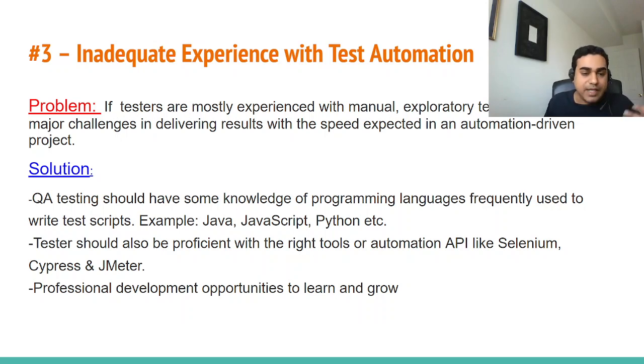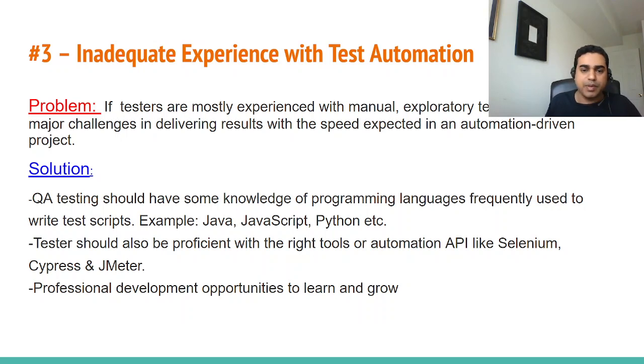If a tester is mostly experienced with manual exploratory testing, they will face major challenges in delivering results with the speed expected in an automation-driven project. So this is a big challenge nowadays.